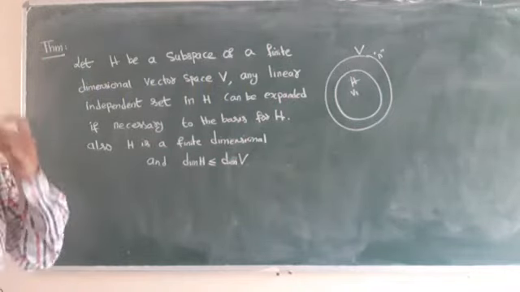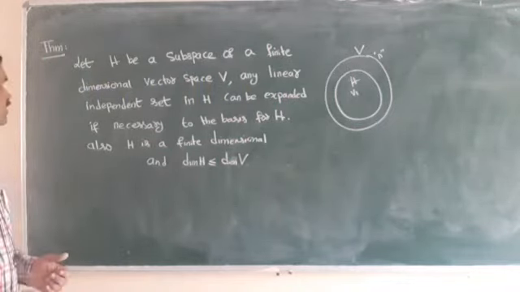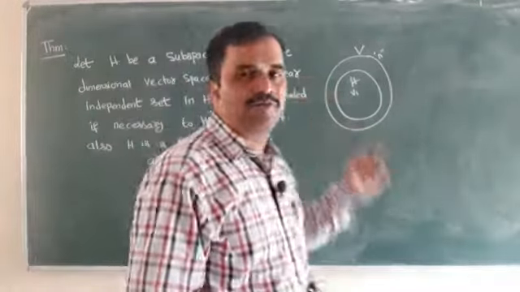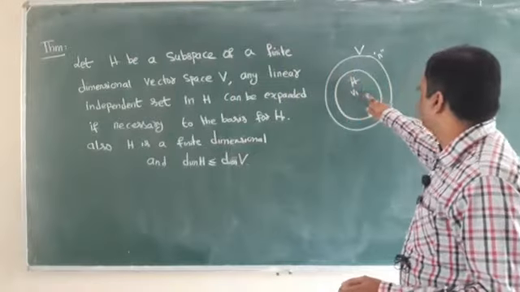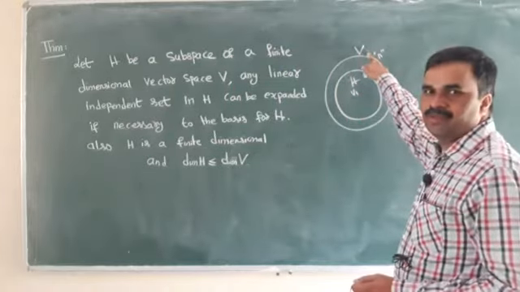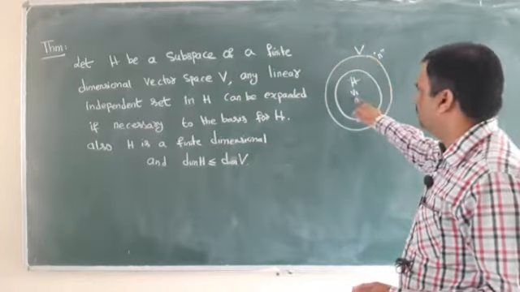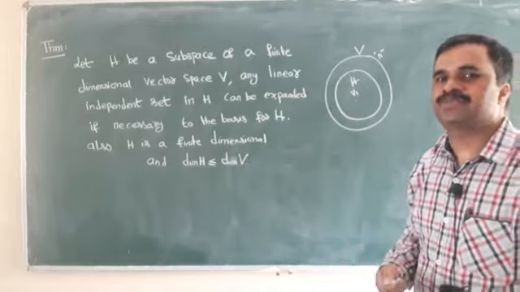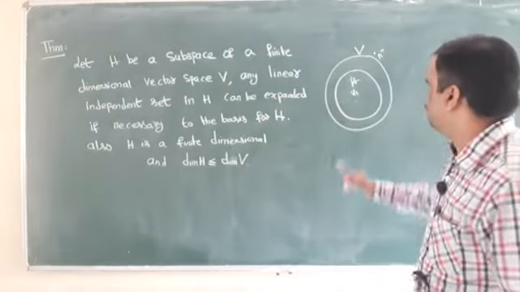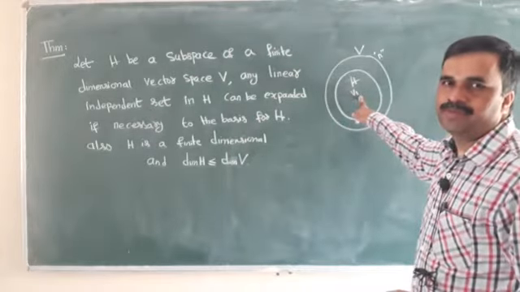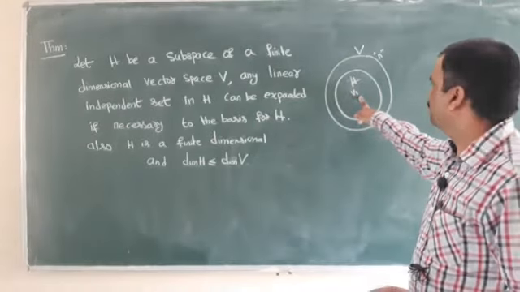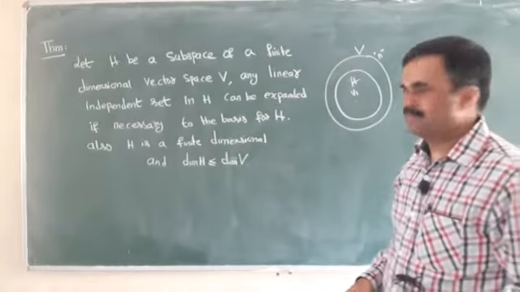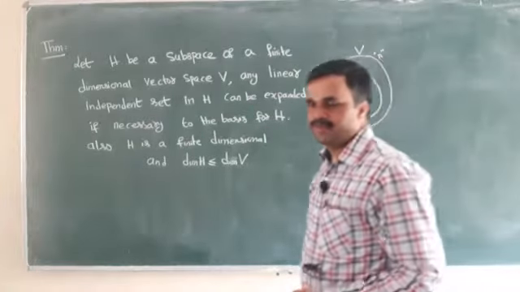Come on, write this statement. Very simple. Given H is a subspace of a finite dimensional V, any independent set in H can be expanded to form a basis for H. And we have to prove dimension of H is less than or equal to dimension of V. Yes, come on, copy the statement.